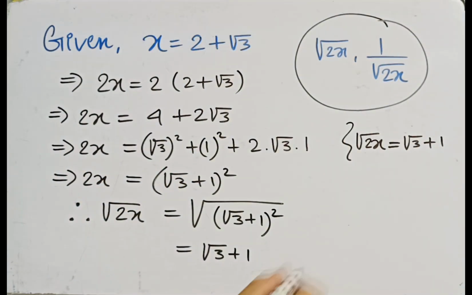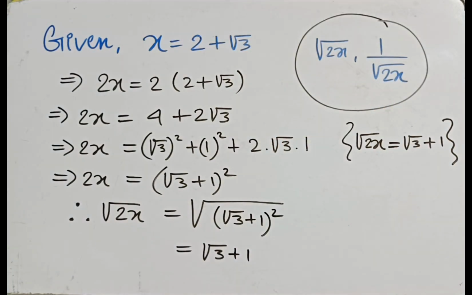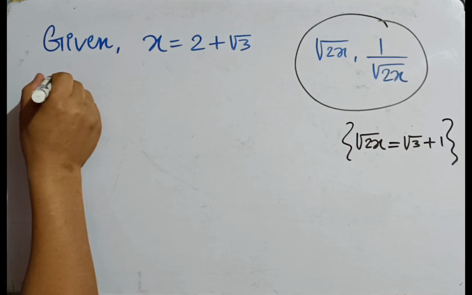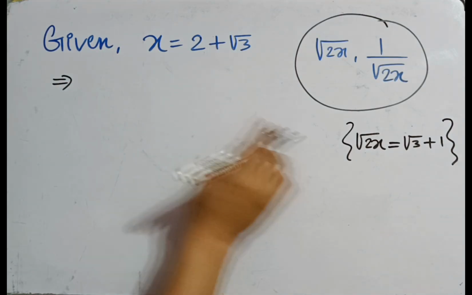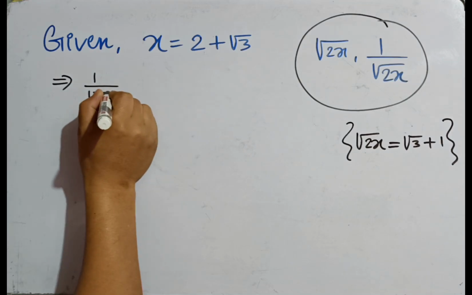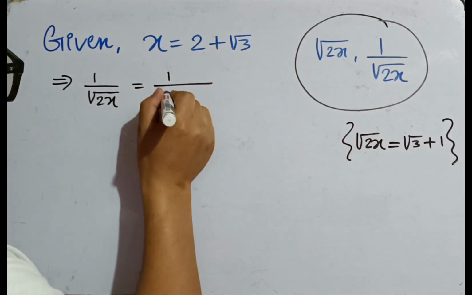Now, we have to calculate the value of 1 upon root 2x. So, 1 upon root 2x is equal to 1 upon root 3 plus 1.